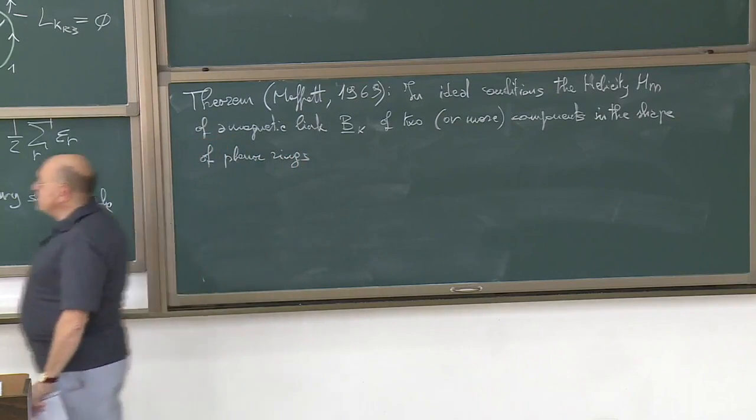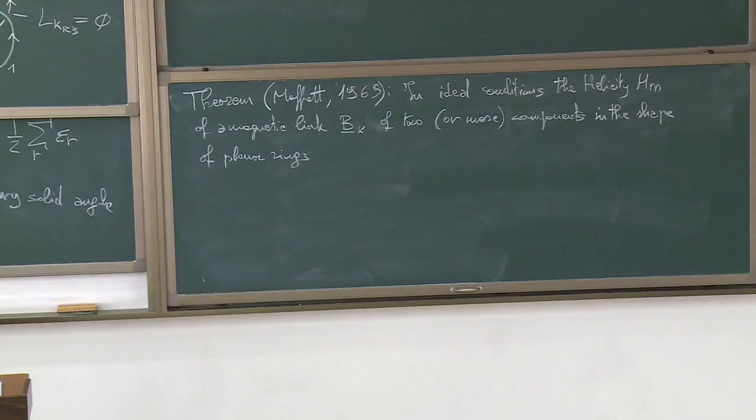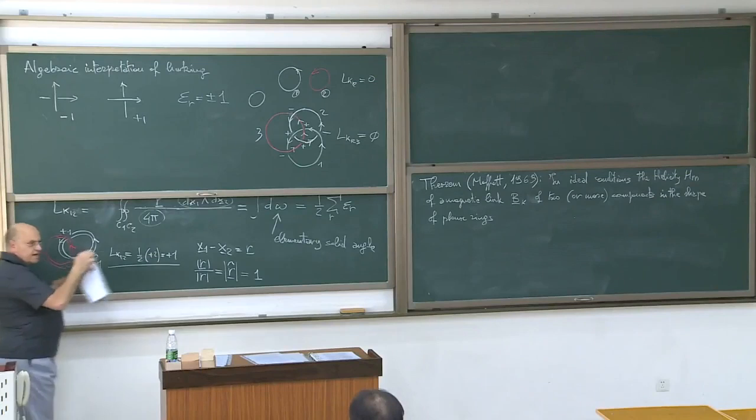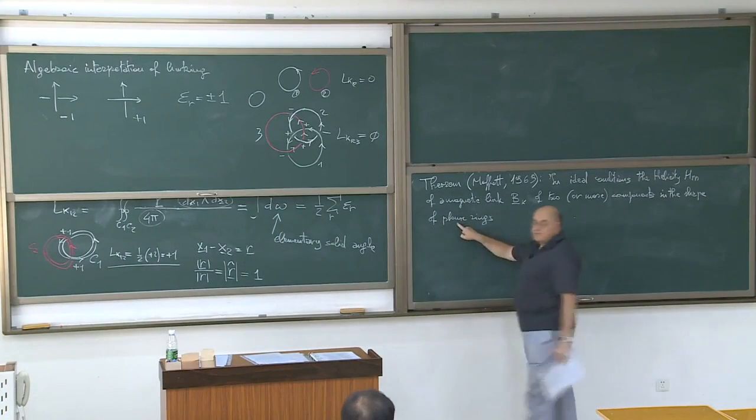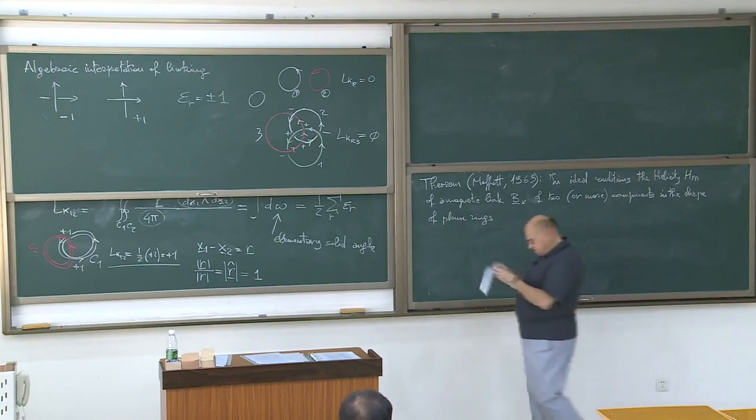So like this one. Imagine that this is one ring and this is another ring, and they are linked together inseparably, but we assume that they are planar for some reason.